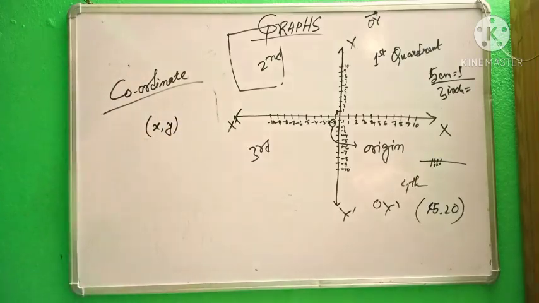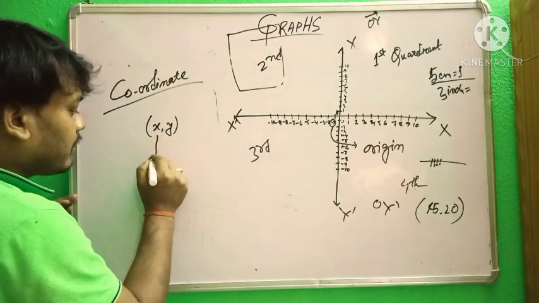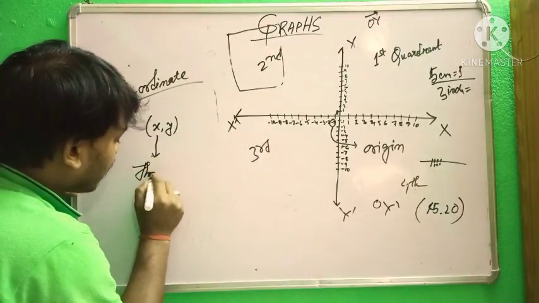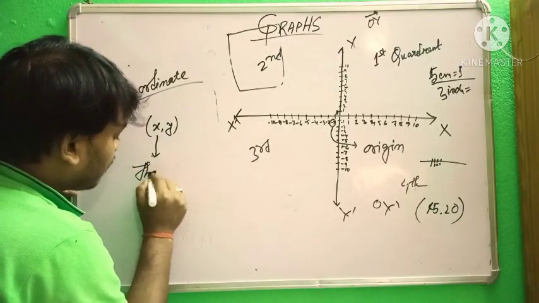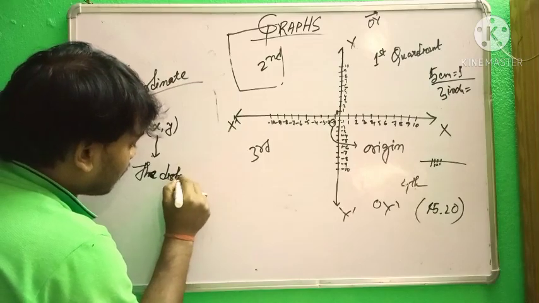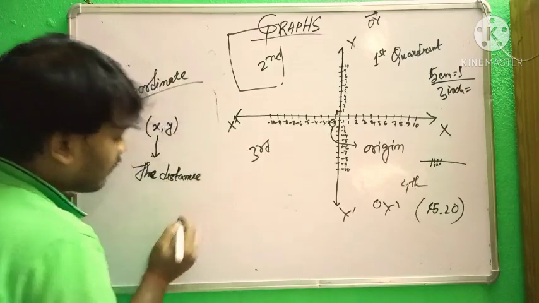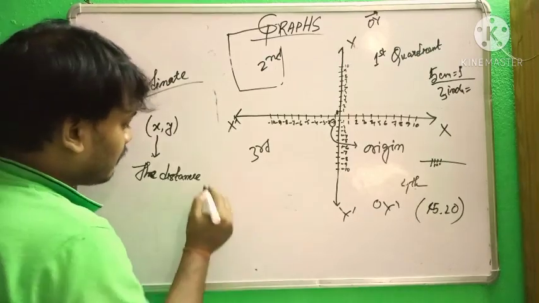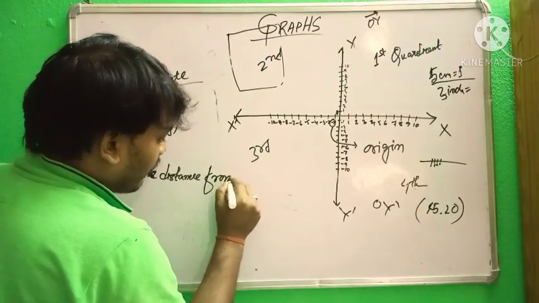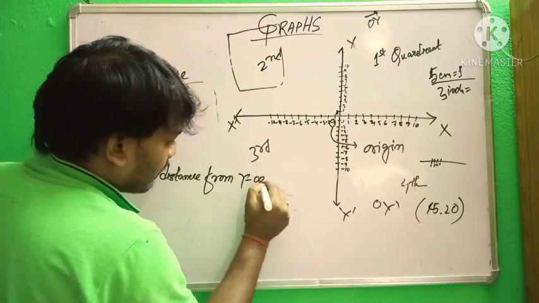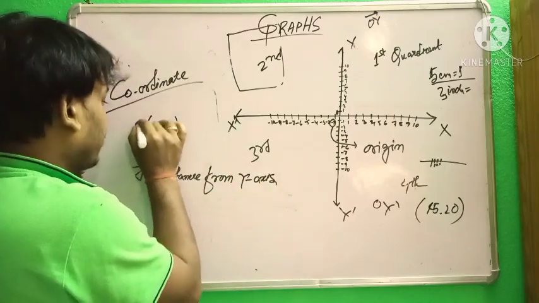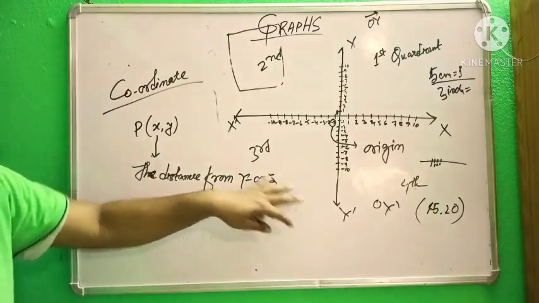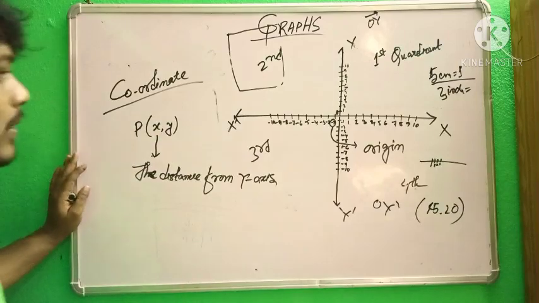Okay, in the first place, x means the distance from the y-axis. If it is the point P, then it is the distance of the point P from the y-axis.